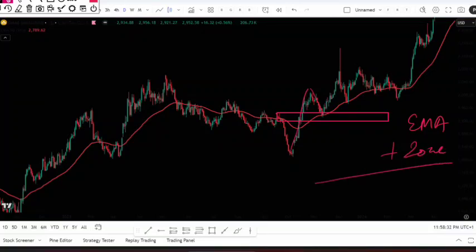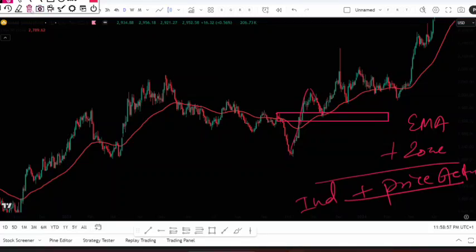Yeah, we have that kind of setup where indicator plus price action both are coming together. That means this is a high probability setup to trade in the market. Yeah, so at this time, by looking at the candlestick, you can take the trade.